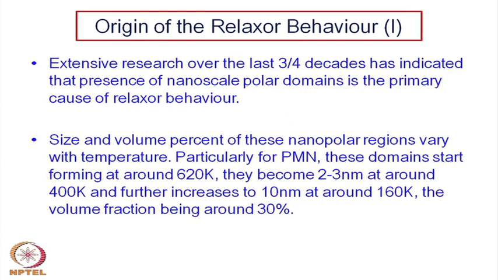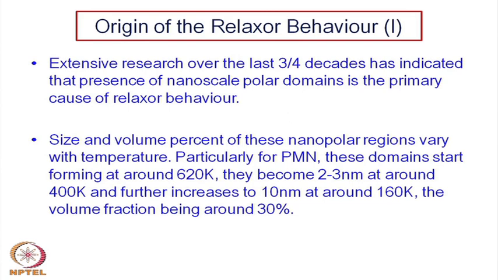So, each one of these domains has a different relaxation time, and because of that you have different relaxation processes occurring, and their time constants are also different. Because the time constants are different, they respond to different frequencies. So, that is one of the reasons why there is a broad peak instead of a sharp peak. In a normal ferroelectric, the sharp peak arises from the single relaxation time.